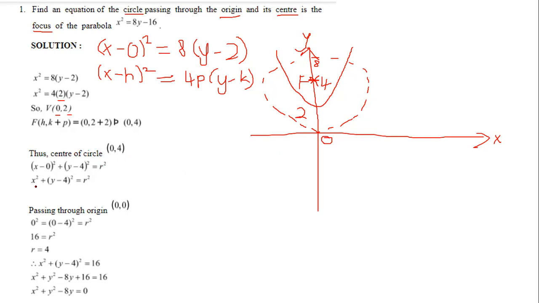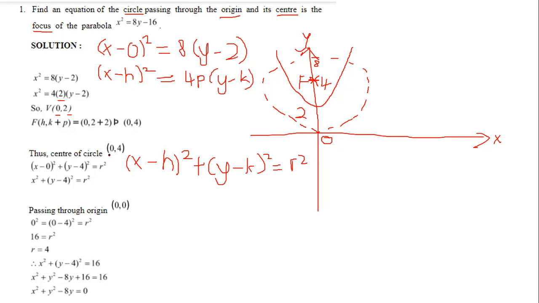Okay, then we can substitute 0, 4 into the general equation of the circle, which is x minus h squared plus y minus k squared equals r squared.